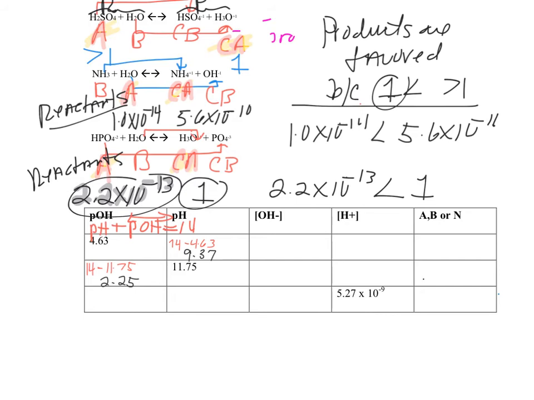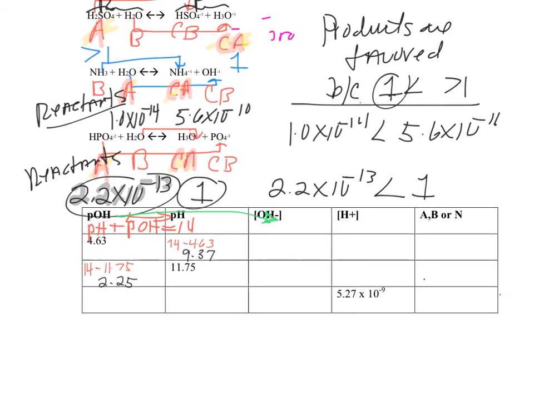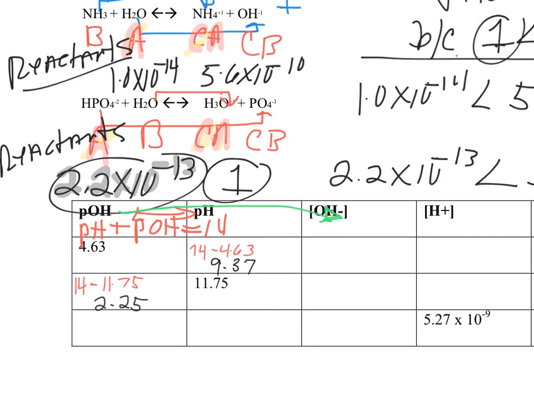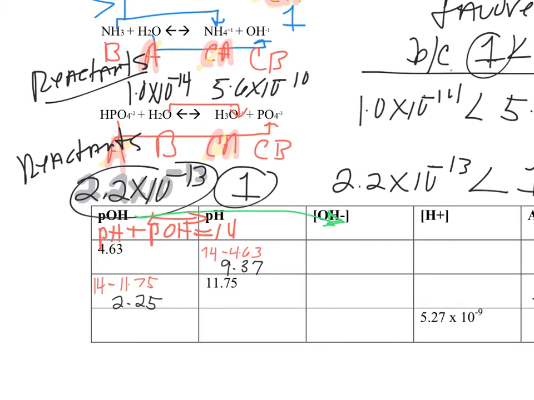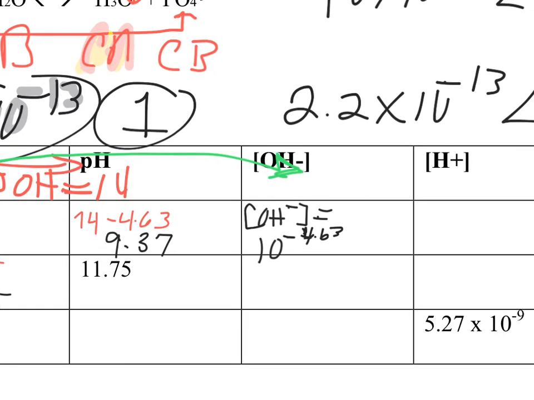The pOH is related to the concentration of OH. These two are related, and the way they're related is that if you take the pOH, which in this case is 4.63, then the concentration of the OH equals 10 to the negative 4.63, 10 to the negative pOH.